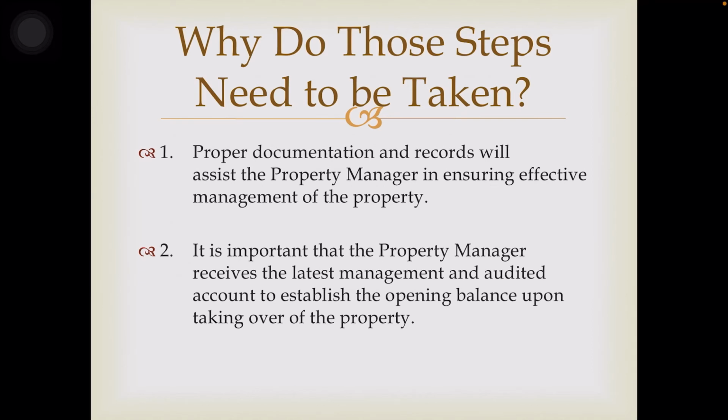This means if the property manager makes a checklist and double checks all the important documents, everything will go smoothly in regards to the management and the progress of managing the building.